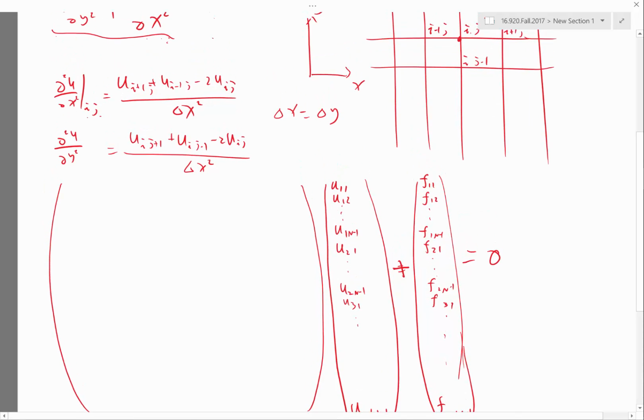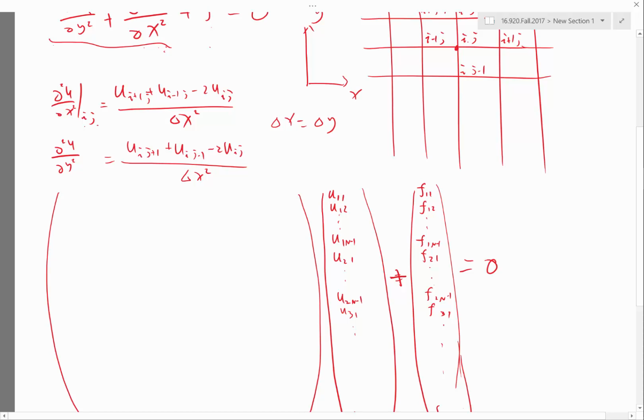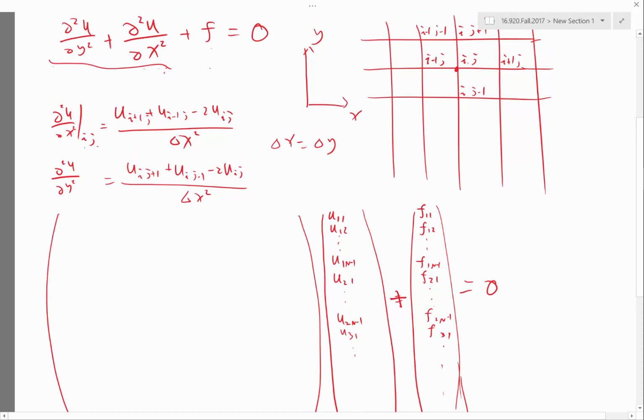So for the matrix, let's first take a look at the very first equation, i equal to 1, j equal to 1. For the first equation, the values outside the boundary are not going to appear in the matrix because they are known values. If I have a non-zero boundary condition, it will be lumped into this F11. So any non-zero u(0,j) and u(i,0) is going to be divided by delta x squared and get lumped into this F11.